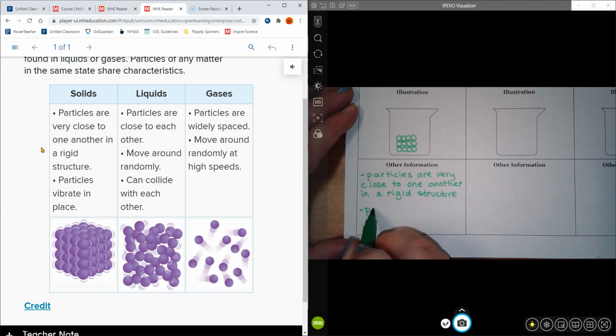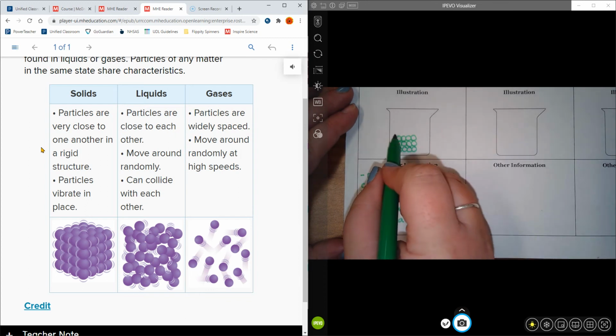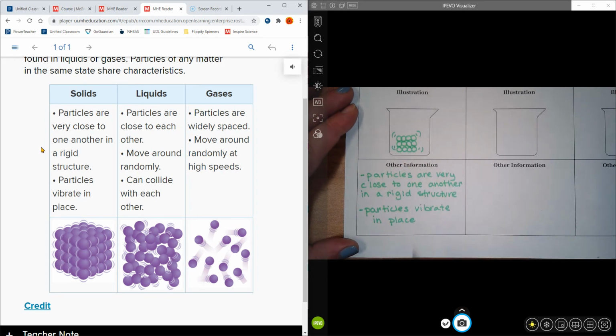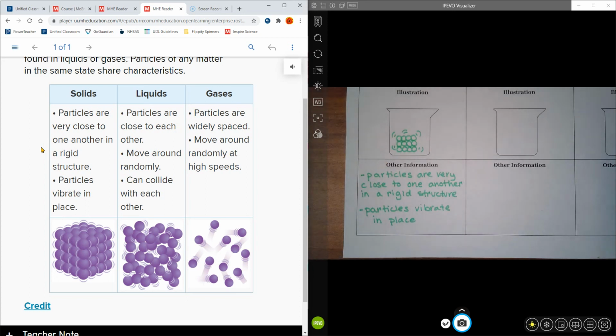Also, the particles are vibrating in the space. So particles vibrate in place. Even though we look at a solid and it doesn't look like it's actually moving, those individual little particles are actually moving. I'm going to draw just a few kind of motion symbols around that solid to represent that the particles are still moving.